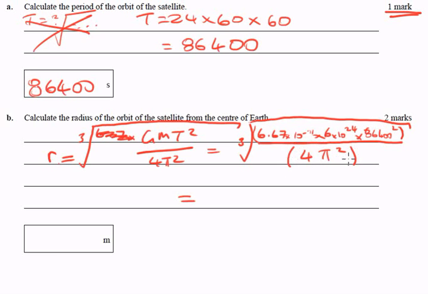Really important to get the brackets around the bottom. Push equals, and then I do third square root of. And the answer I get is 4.2 by 10 to the 7, which is about this many meters. That's rounded off, of course. But it looks nicer for me to put it in the scientific notation.